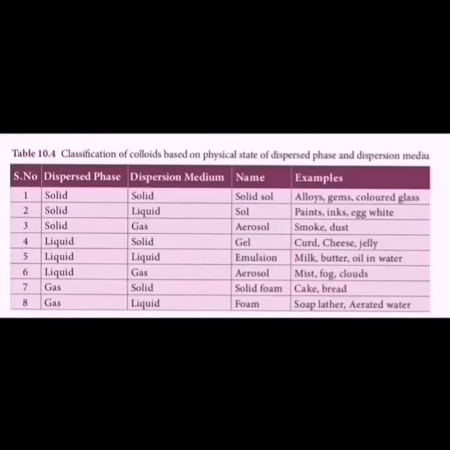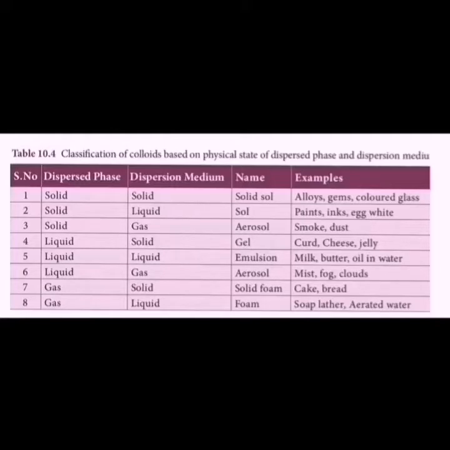Classification of colloids. Colloids are classified into 8 types based on their physical state. Already we knew that a colloidal solution is a heterogeneous system consisting of the dispersed phase and the dispersion medium. The dispersed phase or the dispersion medium can be a solid, a liquid or a gas.